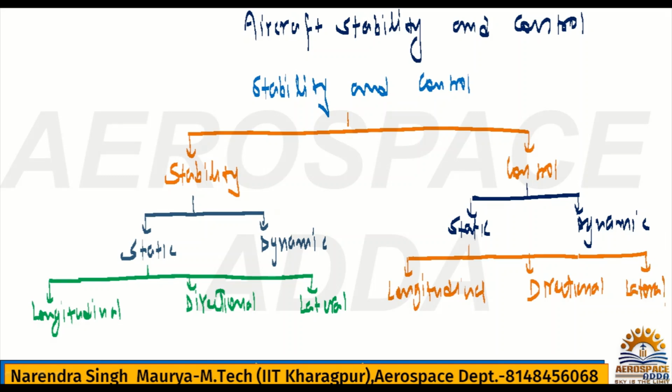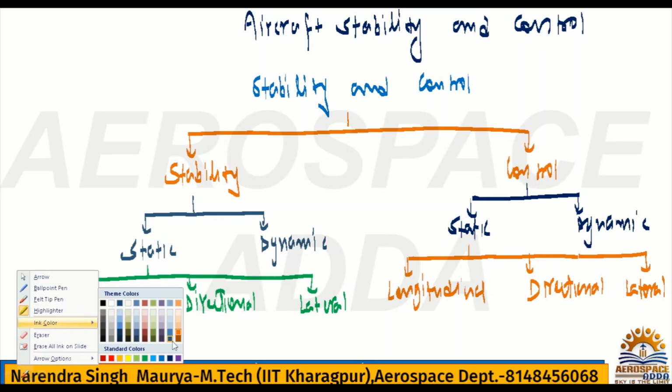Try to connect this. It's a very interesting subject. You will be able to understand the whole mechanics of the aircraft. I mean, control and stability are the fundamentals of flight mechanics.